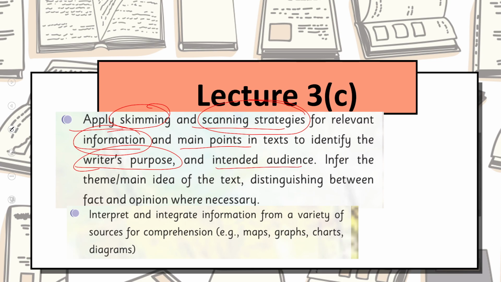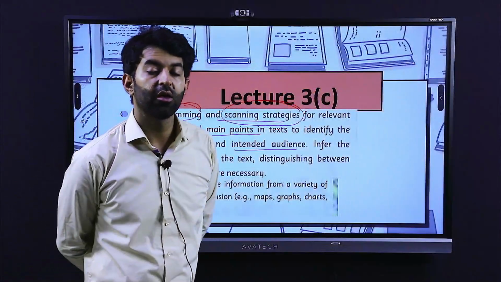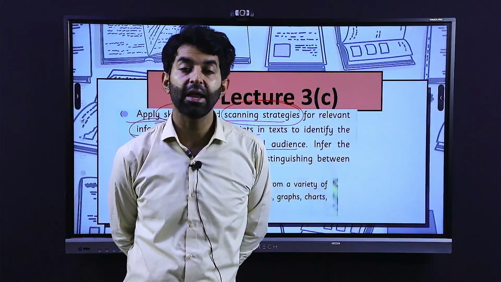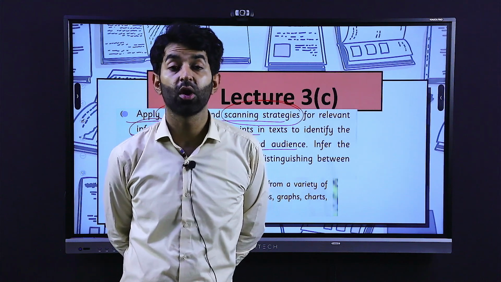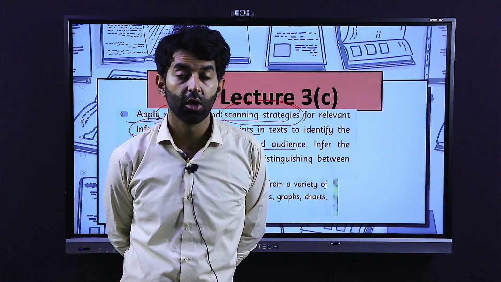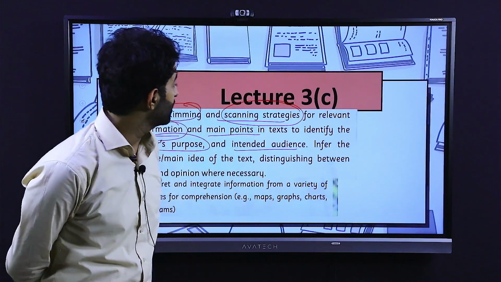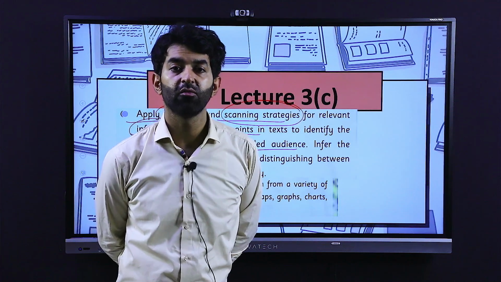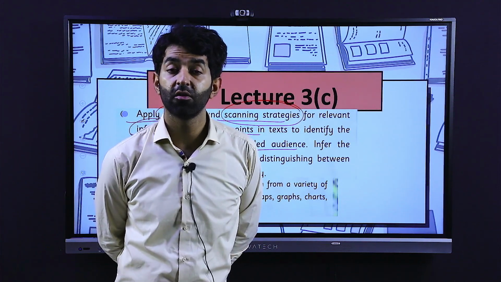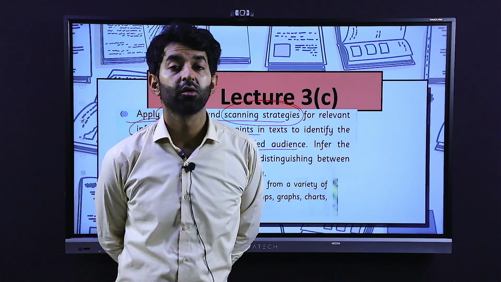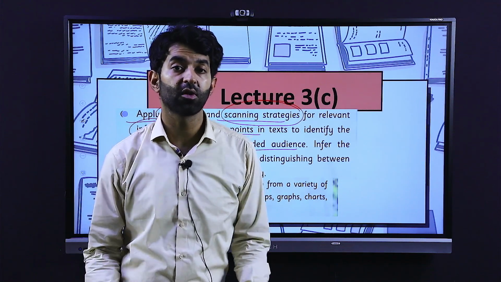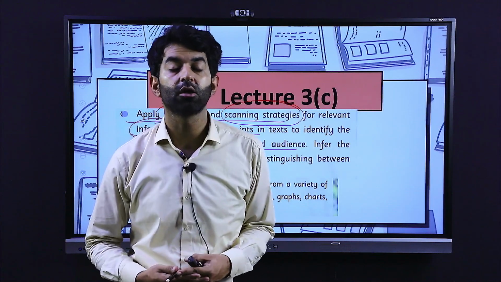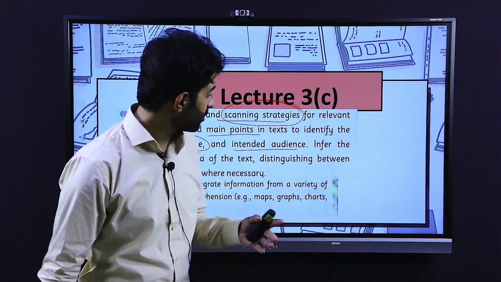Identifying the audience and the purpose of a writer is very important when you are analyzing any poem or any kind of prose. So we will learn that, and we will also see what scanning and skimming are when we are reading something. There are different reading purposes as well. So this lecture will be very interesting and it will ultimately make you a very good reader as well.